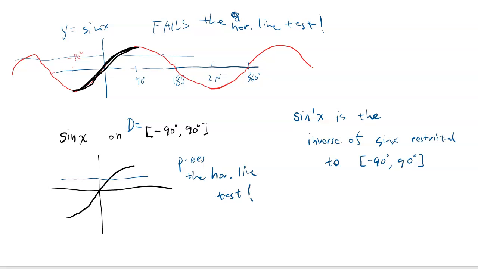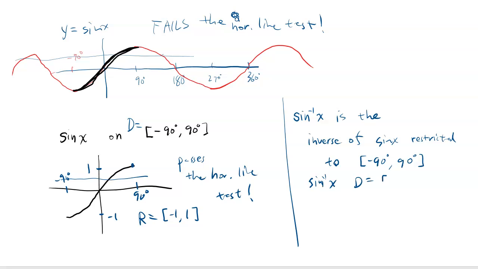And in this domain, the highest value the sine can have is at 90 degrees, and the lowest value the sine can get is negative 1 at negative 90 degrees. So the range is equal to negative 1 to 1. And therefore, sine inverse of x has the domain as the previous range, and the range equals the previous domain.